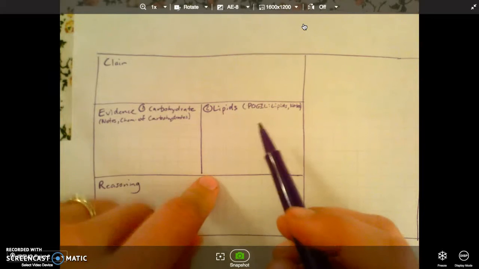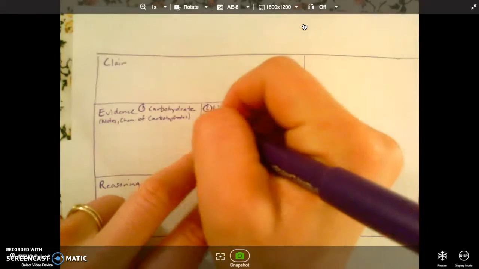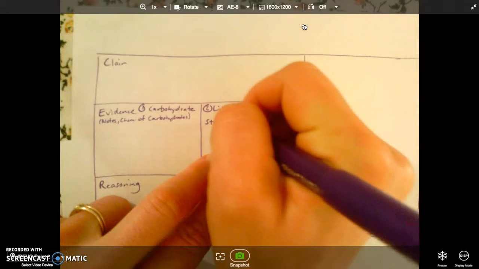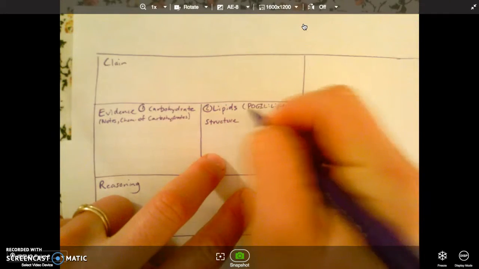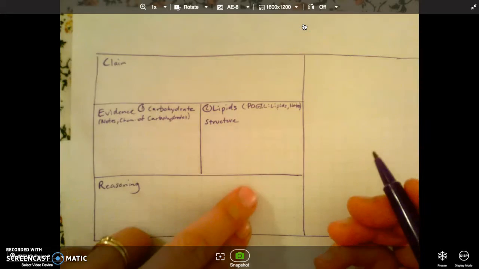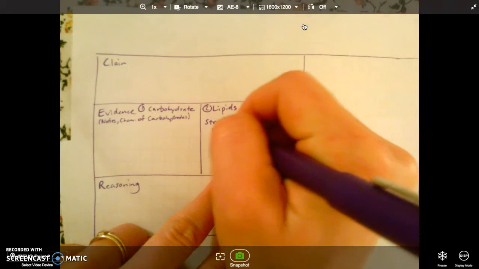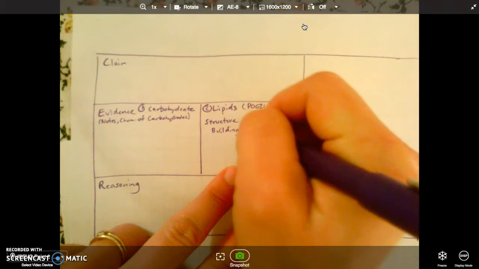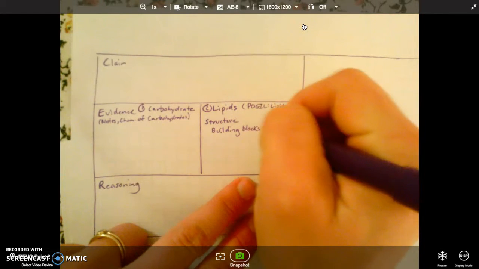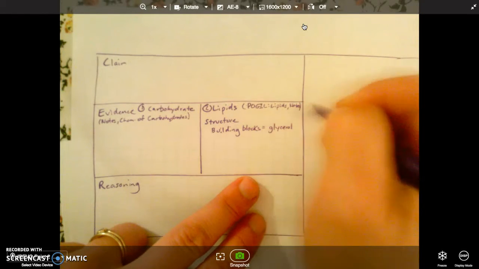So let's start with lipids. We said we were looking for structure and function. So structure. I'm going to flip back to that POGL. Find where it's talking about what the different lipids are made of. If I look at structure, the building blocks are the glycerol and the fatty acids.